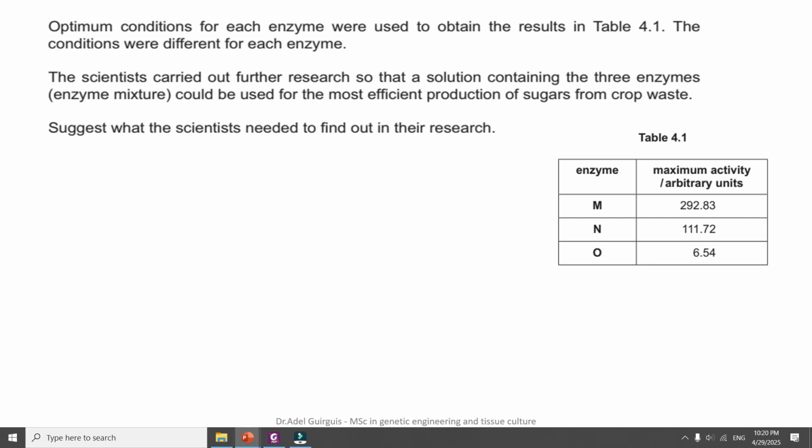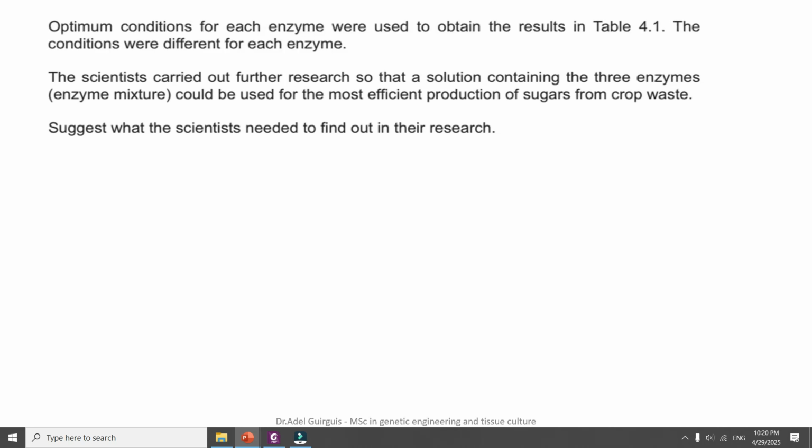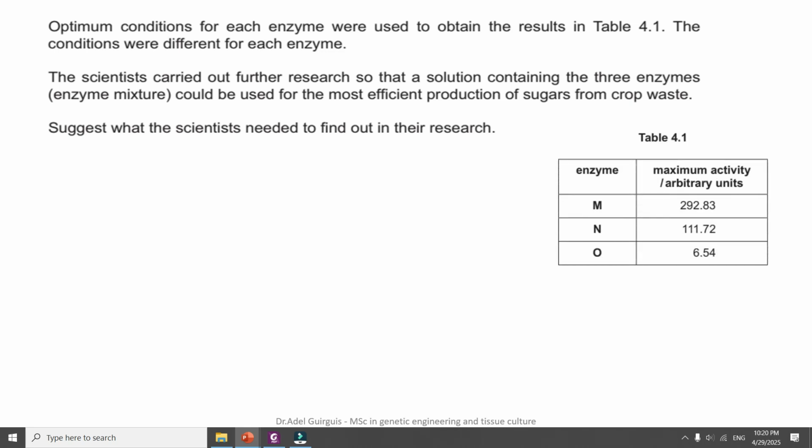The conditions were different for each enzyme.